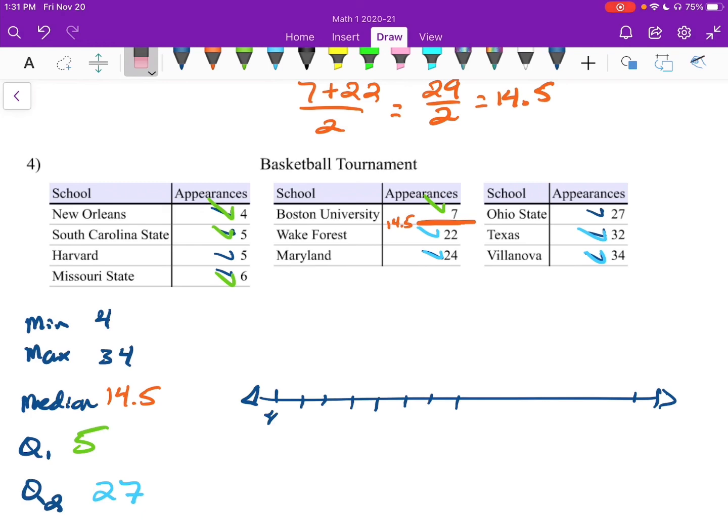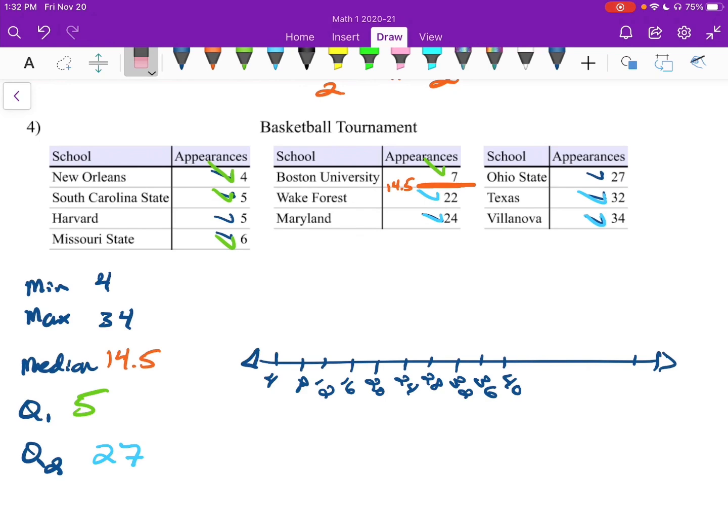This will be 4, 8, 12. Good grief, I'm having a hard time here. 16, 20, 24, 28, 32, 36, 40. Well, I really don't have to go that far, but we'll just leave it like that.